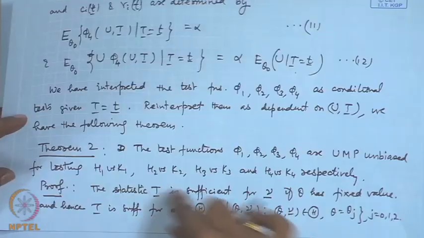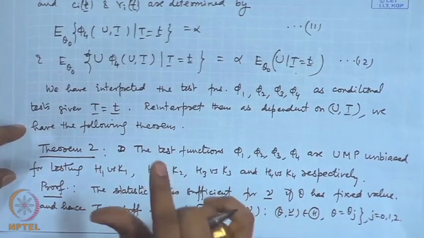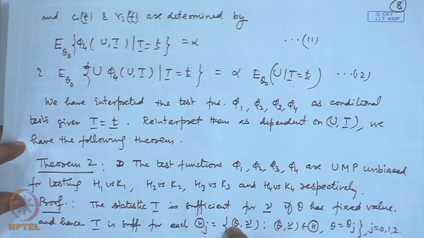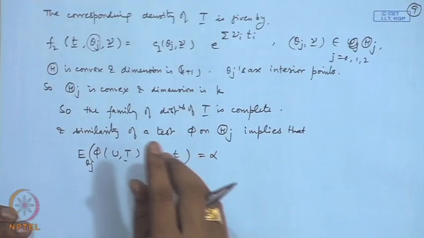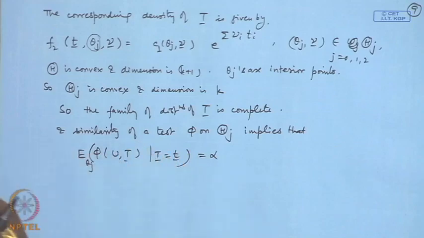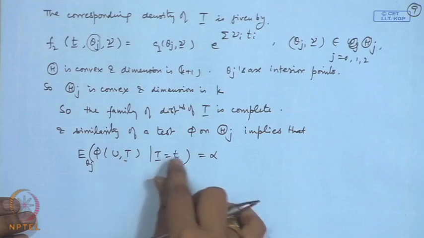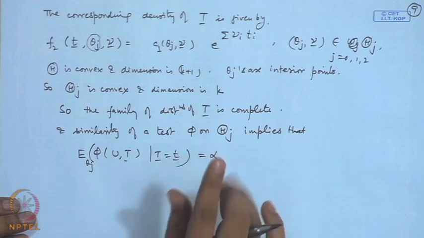So, we will use both of these results here. Now, the first thing that we notice is the structure of the multiparameter exponential family. For the fixed values of theta as theta naught, theta 1 or theta 2, T is a complete and sufficient statistic. So, if I have a test function phi to be similar, then we should have expectation of phi(U, T) given T equal to alpha.